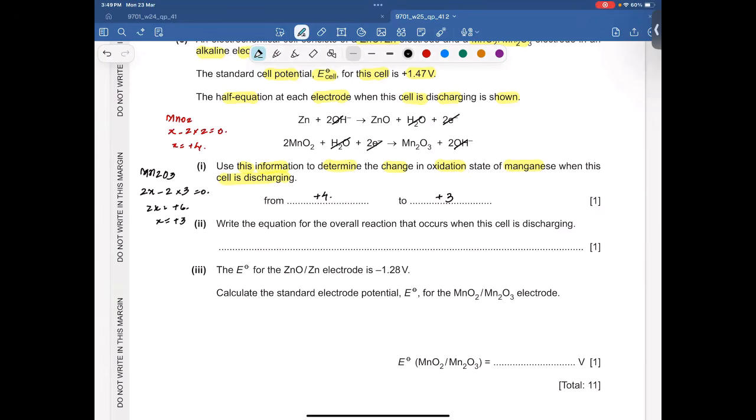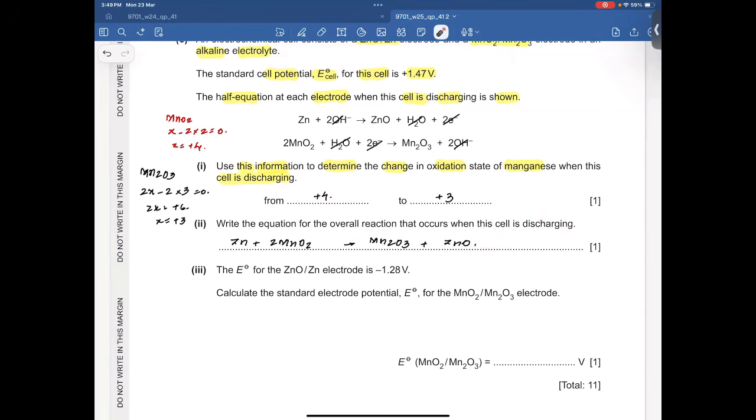So the remaining reactant is going to be zinc plus 2MnO2 arrow Mn2O3 plus zinc oxide. So that's the overall equation when the cell is discharging.